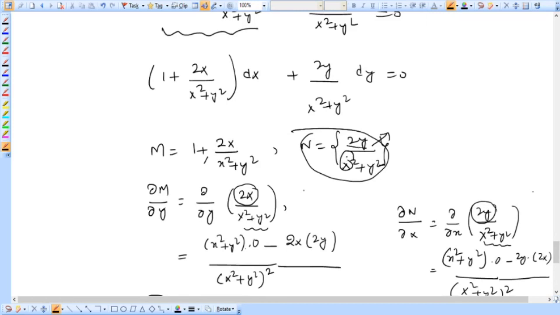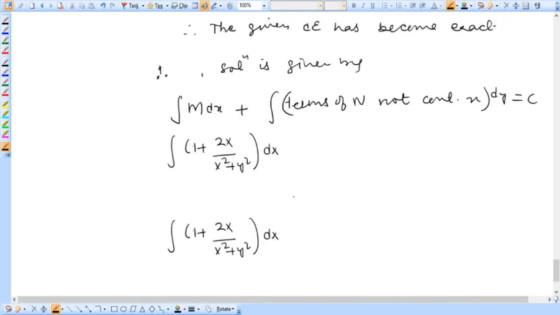Therefore we are not going to take this term because this is involving x. I mean to say there is no term in N which does not contain x, right? So therefore there is no term in N which does not contain x. 0 is equal to constant of integration.